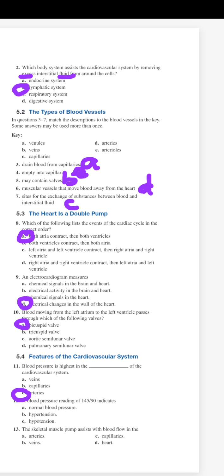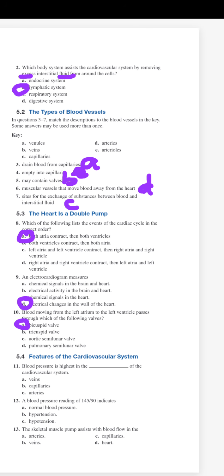Veins have valves because the pressure is lowest and there is a risk of blood going the wrong way, especially for example in your legs. Capillaries, we told you they're one cell thick, so if pressure is high they're going to burst. We slow the blood so its pressure is low, and nutrient exchange can happen.